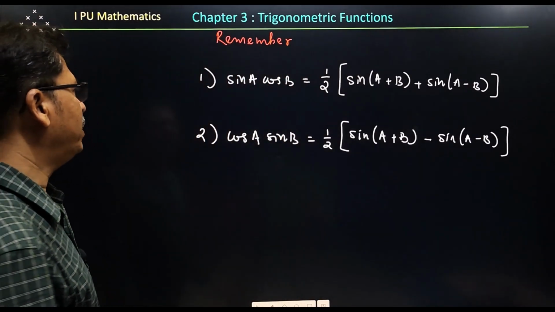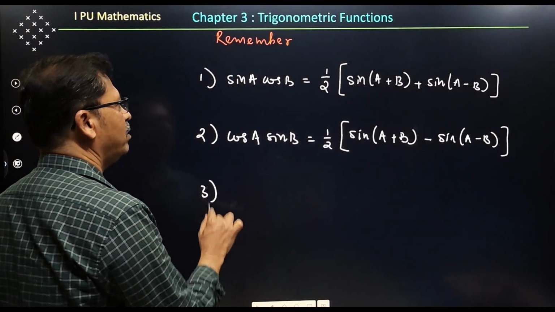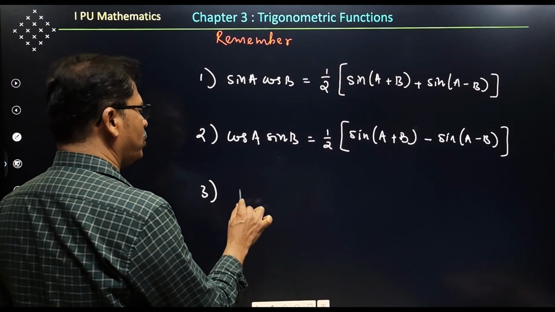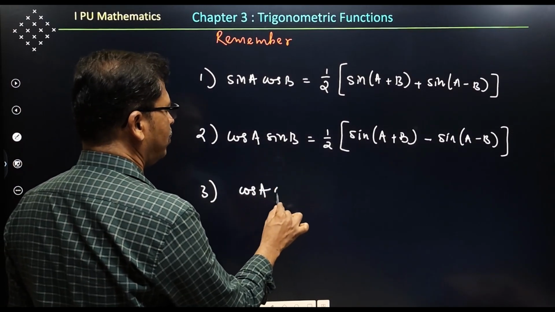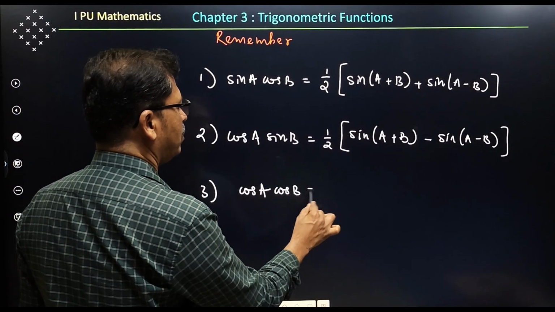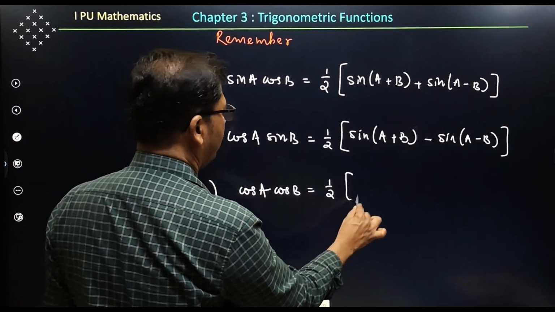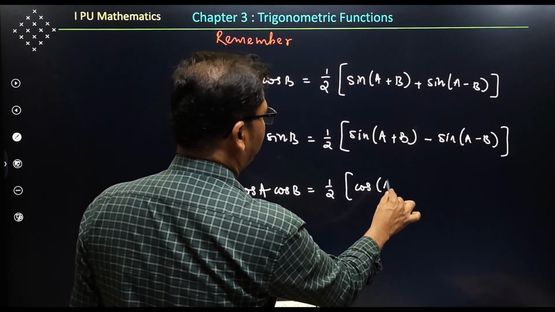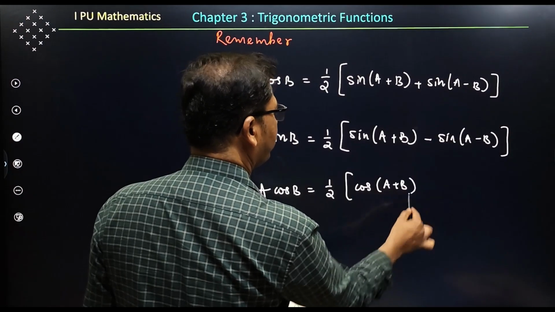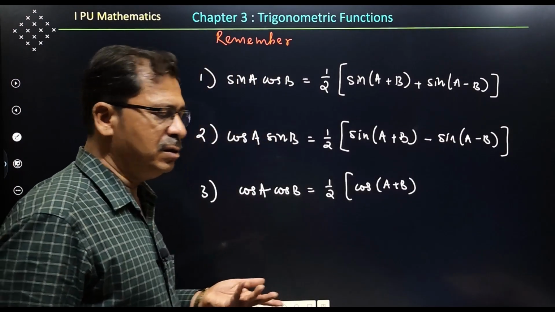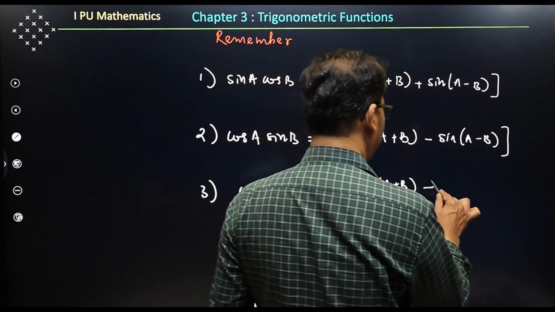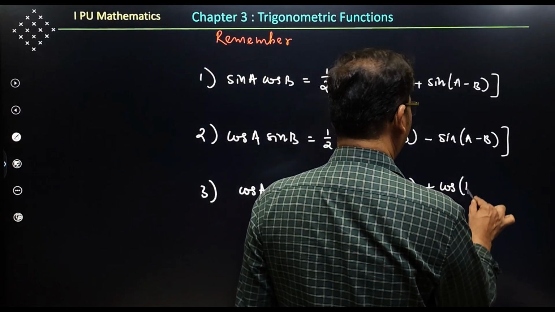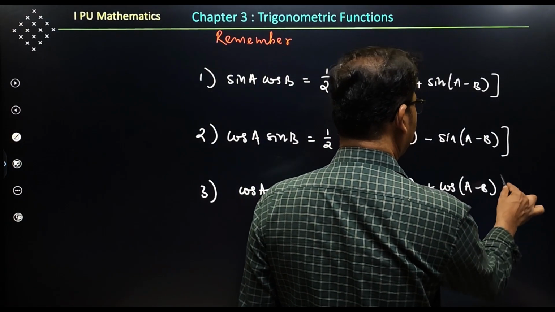Next, third one: cos a into cos b is equal to 1 by 2 into bracket cos of a plus b plus cos of a minus b.